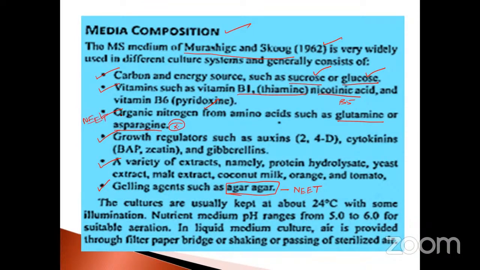Mostly important questions. Growth regulators are nothing but the phytohormones. Hormones: 2,4-D. Cytokinin: kinin relates to the nucleus, and cyto means cell division, so it is a cell dividing hormone.